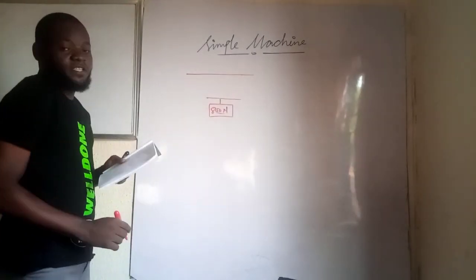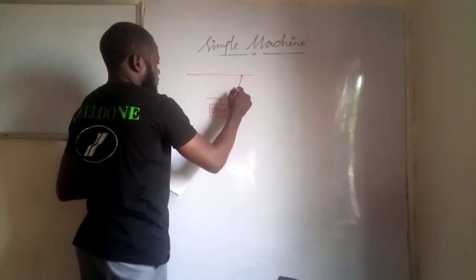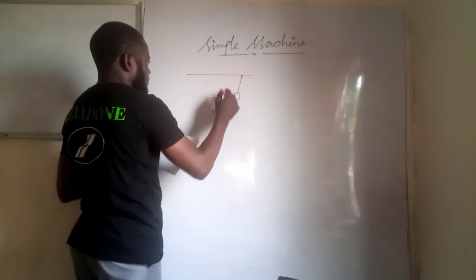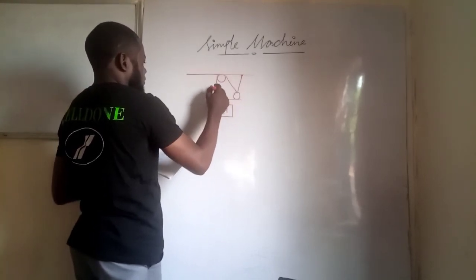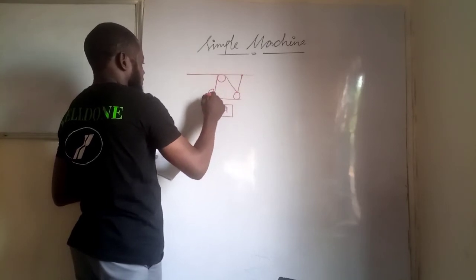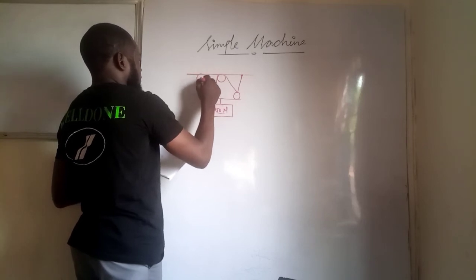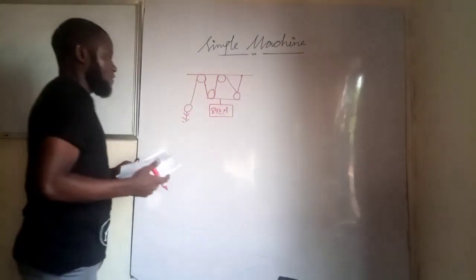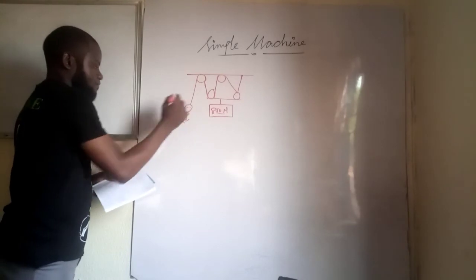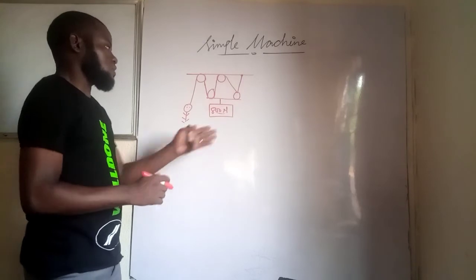If this is a crane of 800 Newton, and here is a pulley, and here is another pulley, and here is another pulley. So this is you now that want to drag the load up. Okay, so how do we go about this?